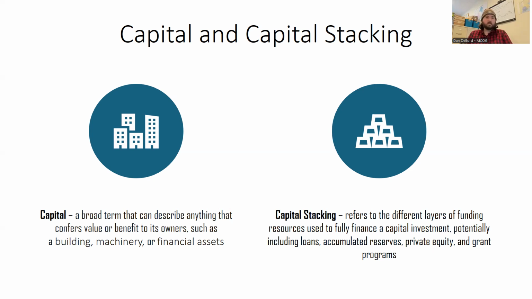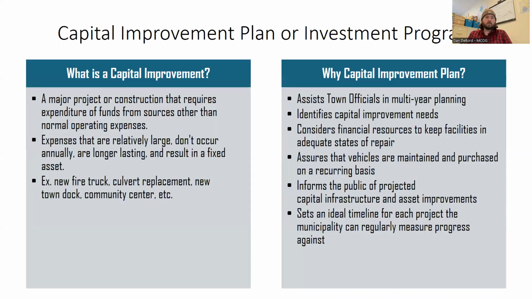Laura, next, please. So capital improvement plan, or sometimes capital investment plan or capital improvement program, all more or less the same thing. What is a capital improvement? Generally, we're thinking of major projects, constructions, and expenditures that are outside the realm of your normal year-to-year operating expenses for a municipality.